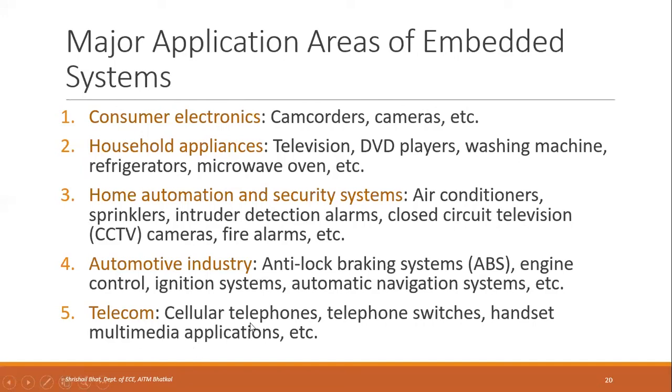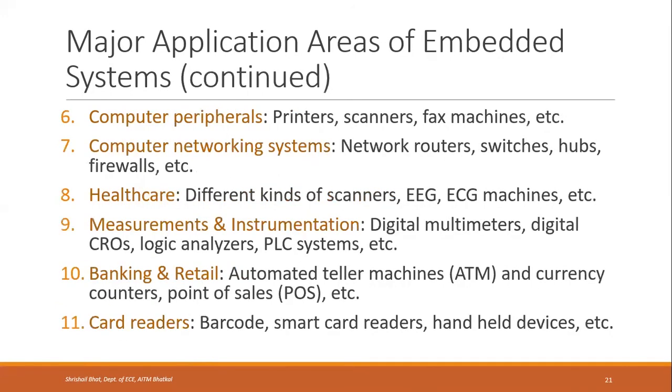In telecom, we have cellular telephones, telephone switches, handset multimedia applications, and other things. In computer peripherals, maybe printers, scanners, fax machines. In computer networking systems, network routers, switches, hubs, firewalls, etc. In healthcare, we have all the different kinds of scanners, including CT scan.